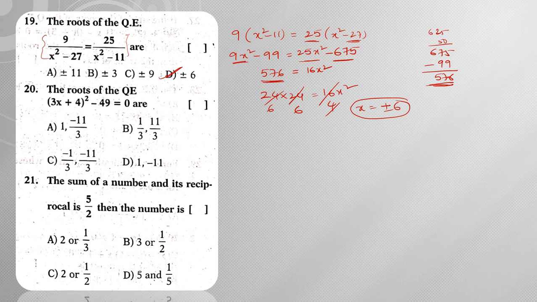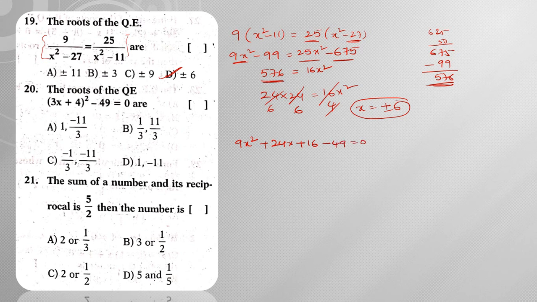Okay, next, the roots of the quadratic equation (3x plus 4) whole square minus 49 is equal to 0. Now I can expand this. (3x plus 4) whole square can be written as 9x square plus 3 4s are 12, 12 2s are 24x plus 16 minus 49 is equal to 0.